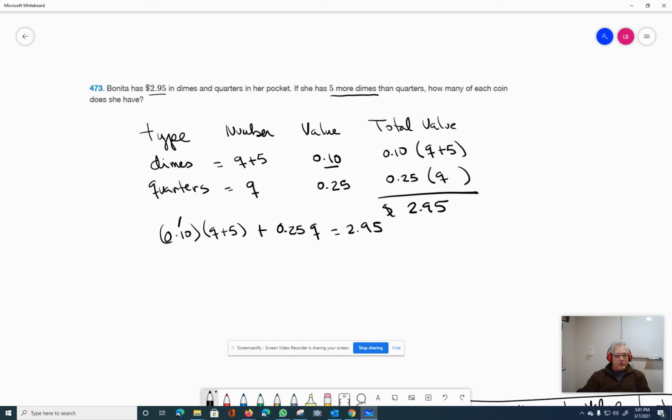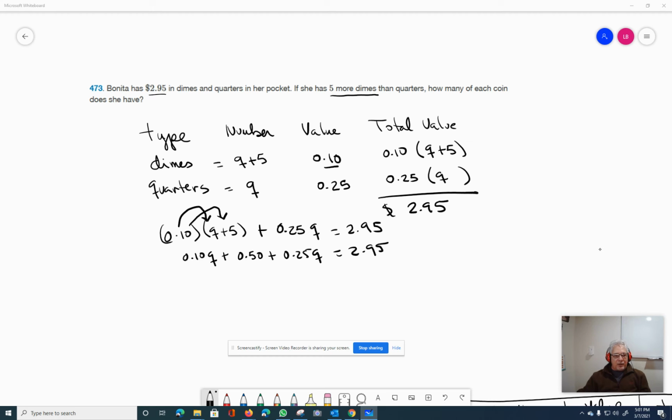Let's solve for this one. First times first, first times second, that will be 0.10 Q. 5 times 0.1 will be 0.50, plus 0.25 Q, equal to 2.95 here.